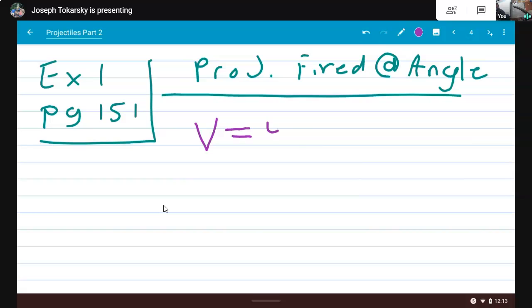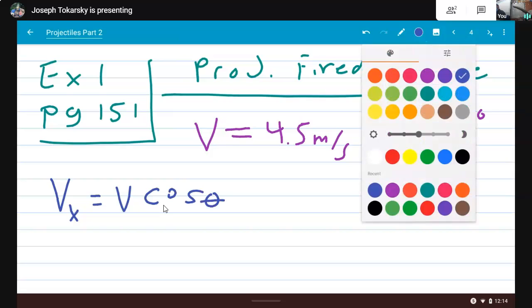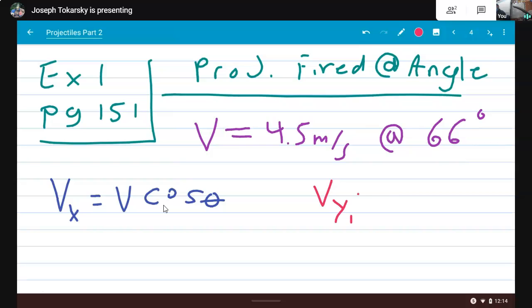So it's 4.5 meters per second at an angle of 66 degrees above the horizontal. So really the very first thing you should do, I don't even care what this problem asks, because you can't do any math with this problem until you get this broken up into Vx, which is V cosine times the angle, and Vy initial, through the other formula, which is V sine of the angle.